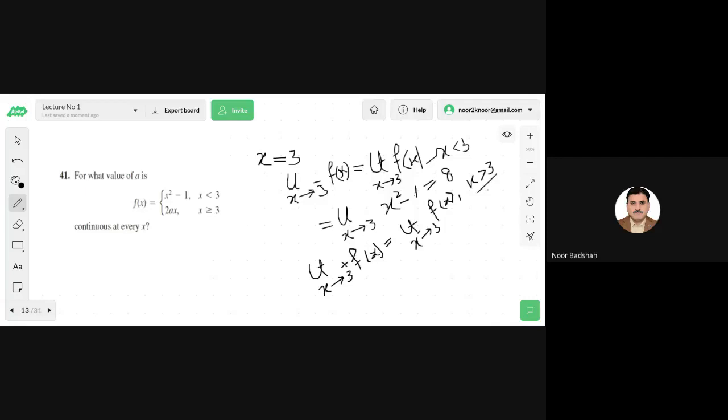And you know, for x greater than 3, the function is defined as 2ax. You put this value to get 6a.